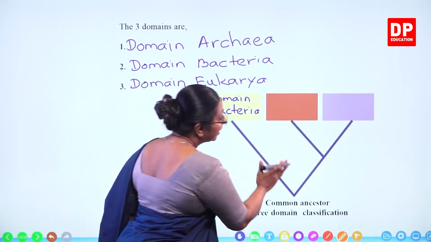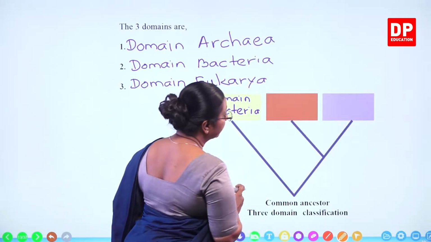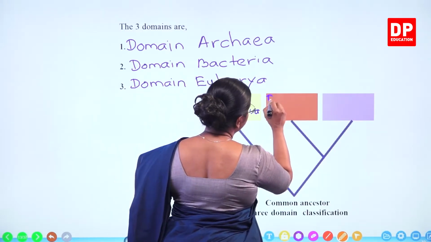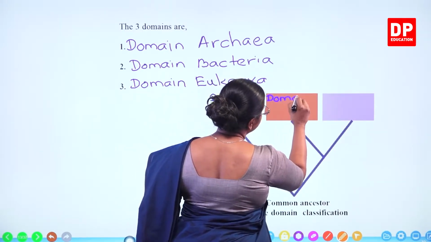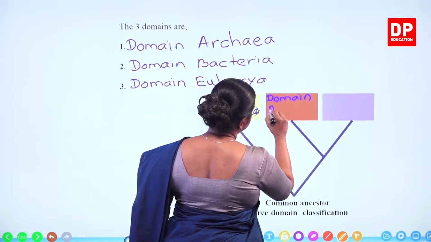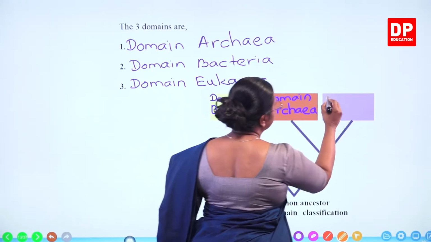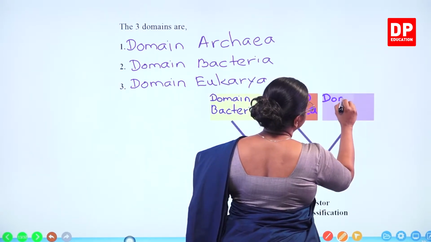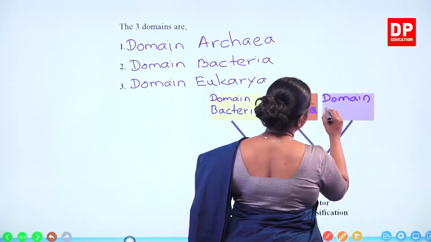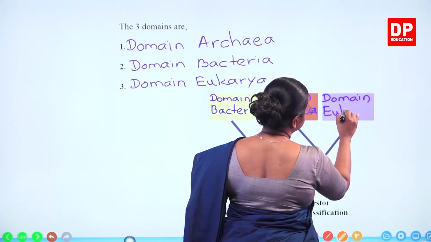Both of them came from this particular branch. So here we have Domain Archaea, and here we have Domain Eukarya.